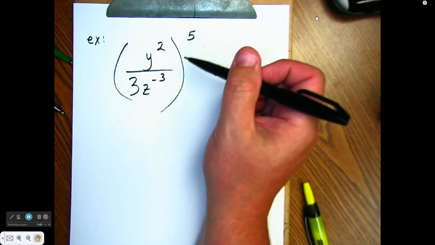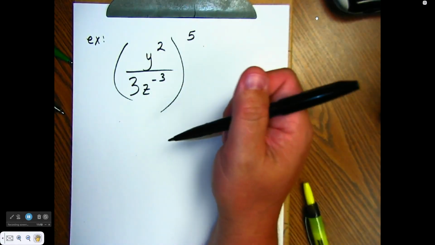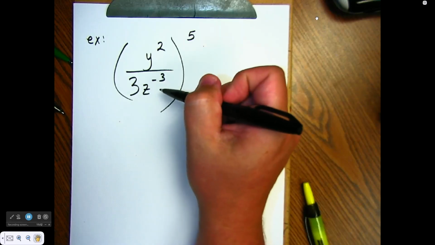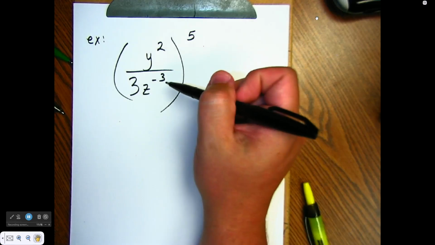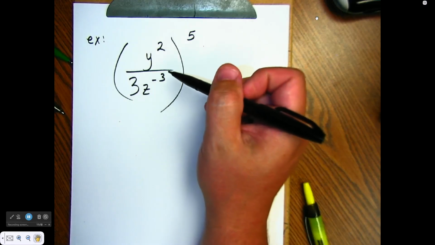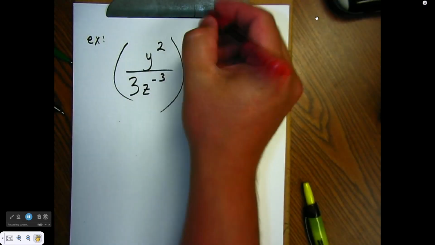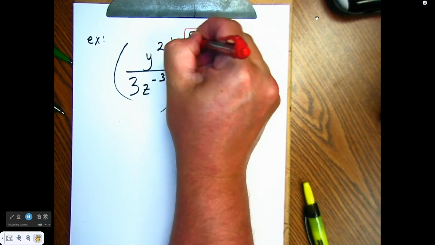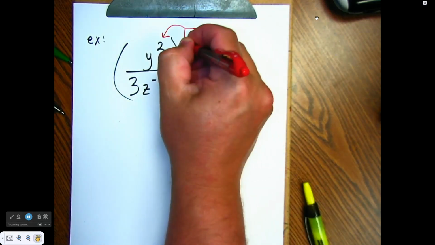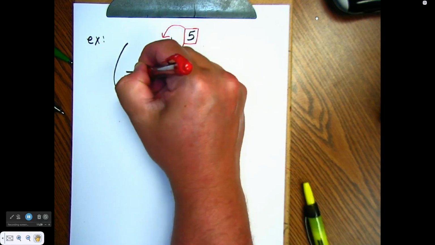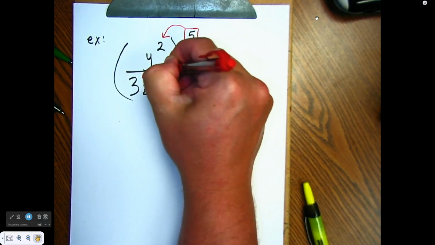As mentioned earlier, you could have multiple rules inside of the same problem. You could deal with the negative exponent rule first if you wanted to. I think I'm going to do the power rule first. This 5 will affect everything on top in the numerator. It will affect everything on bottom in the denominator.